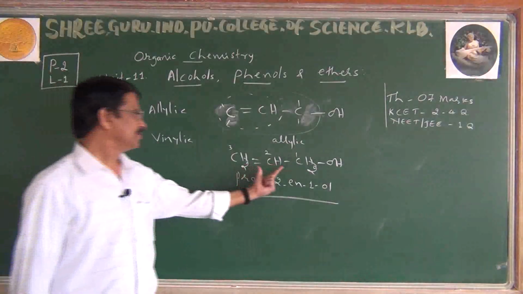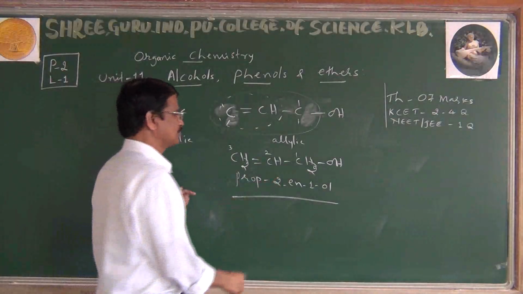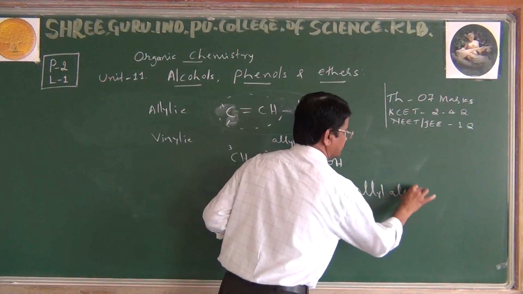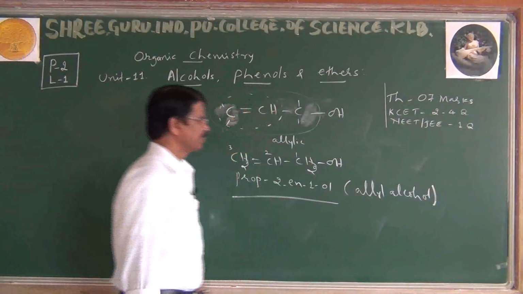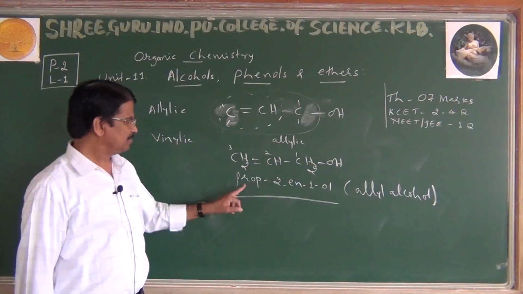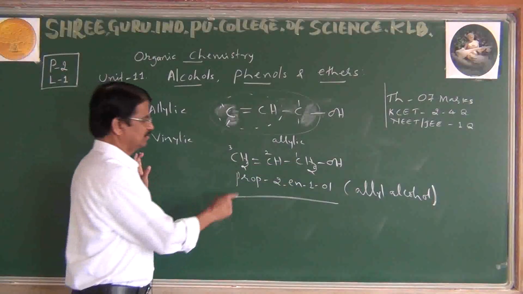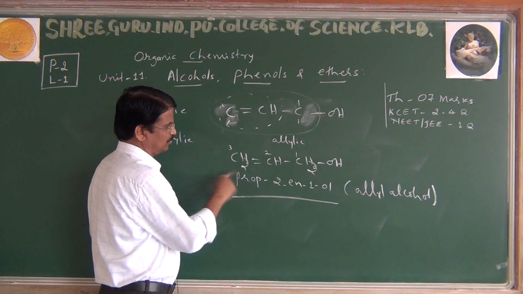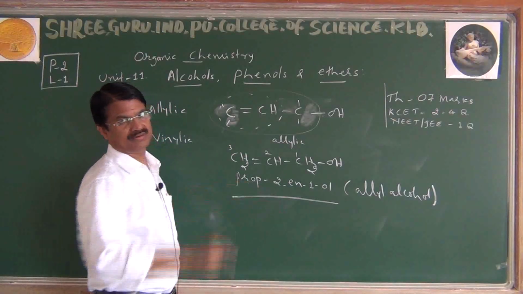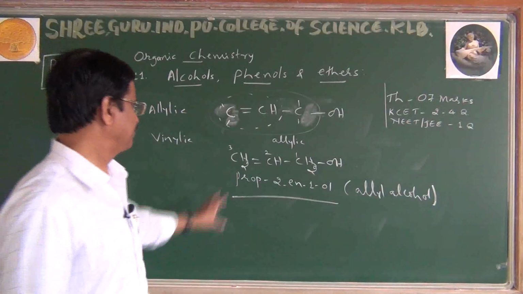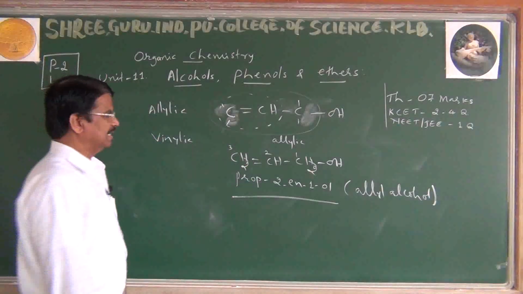Common name allyl alcohol. IUPAC name prop-2-en-1-ol. There is also 2-propenol. Okay, important molecule, allylic alcohols.